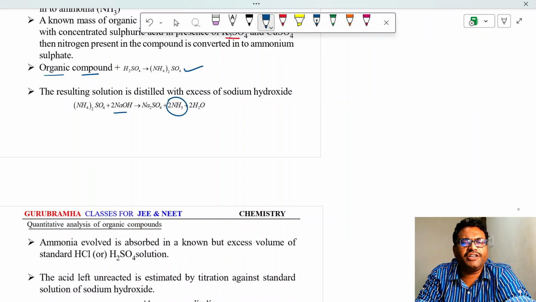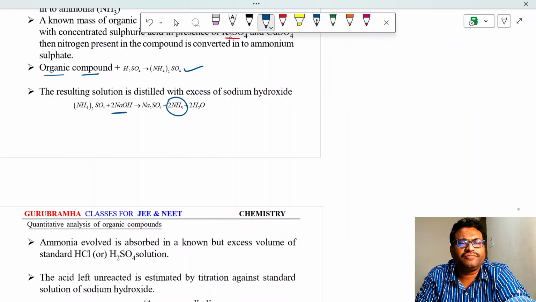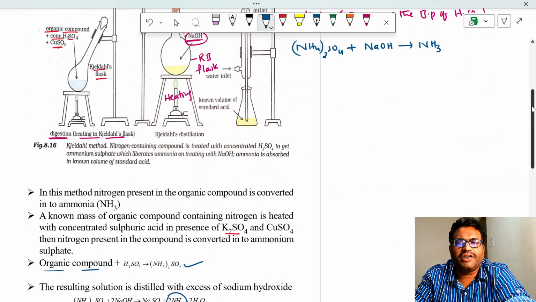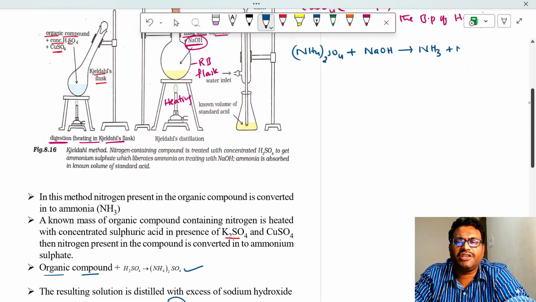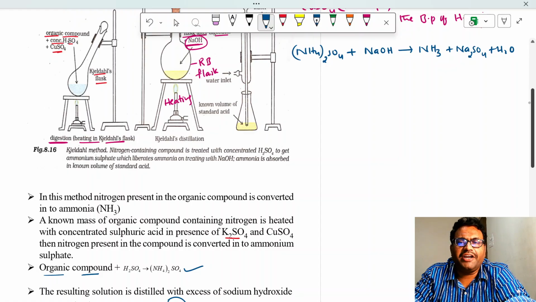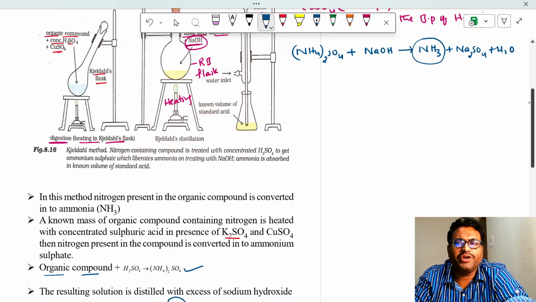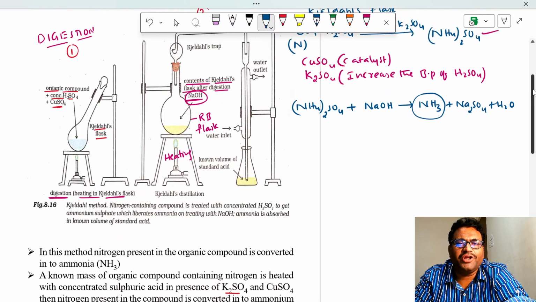Ammonium sulfate, when it is boiled with sodium hydroxide, gives NH3 plus Na2SO4 plus H2O. So finally, the nitrogen present in the organic compound came out as ammonia.